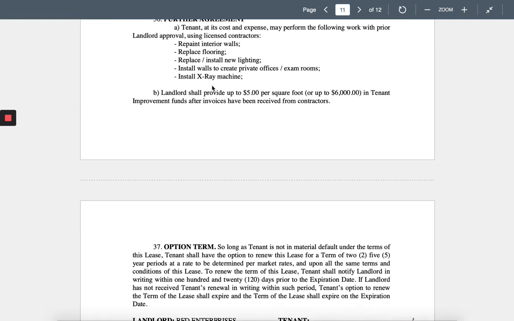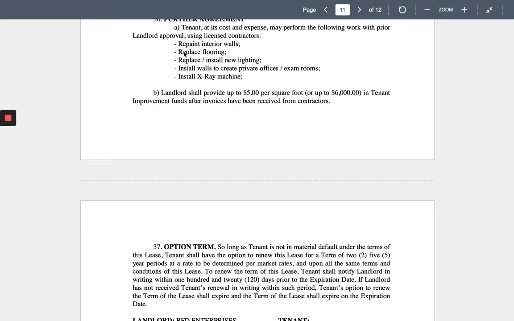If there's a huge supply of spaces and not much demand, then you have leverage as someone who's going to sign a lease. And you can say, well, if you would do all these things, repaint the inside, put in some flooring, some new lighting, give me some walls and install my x-ray machine, then I think I would sign your 5-year lease. If that's not the case, and that landlord has 10 people a day wanting in there, and that landlord could pretty much charge whatever they want, then that's going to be on you.